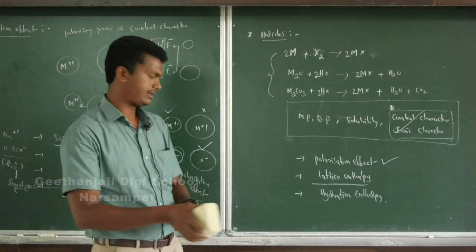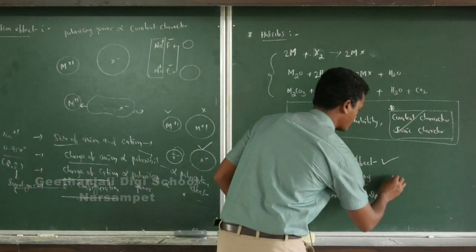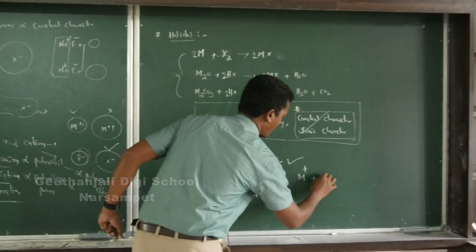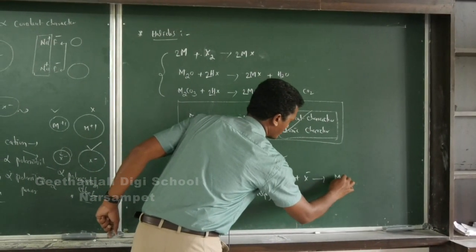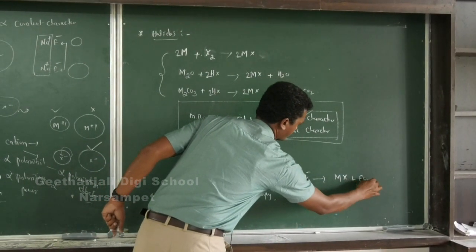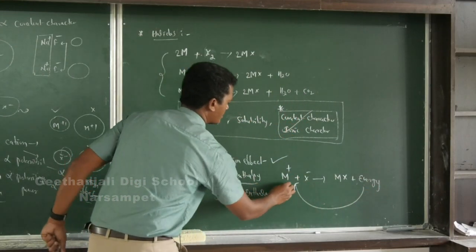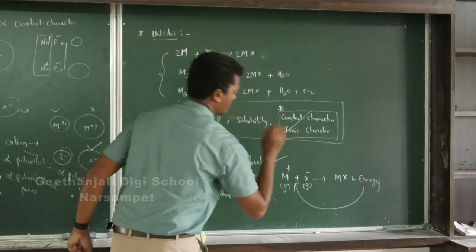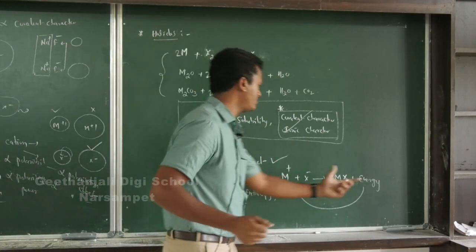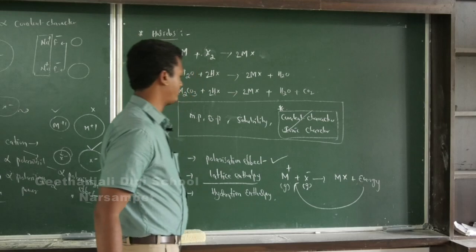Let me write it: M+ plus X− gives MX plus energy, or MX plus energy gives M+ plus X−, which are in the gaseous phase. In any way, this energy is called lattice enthalpy.